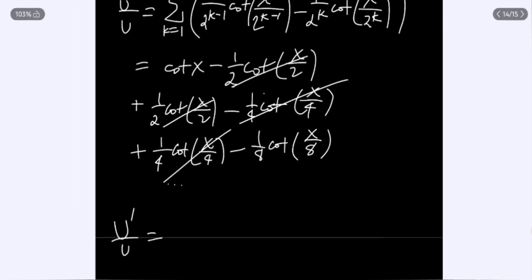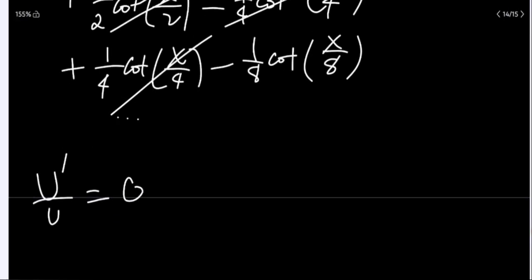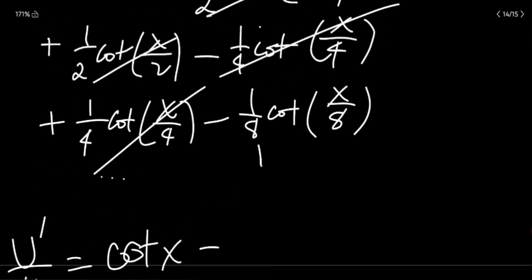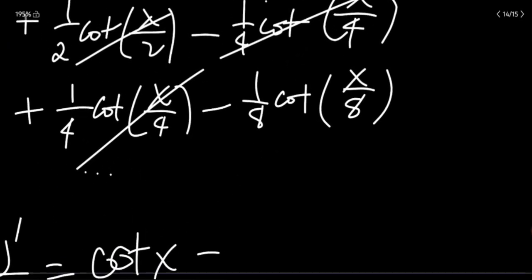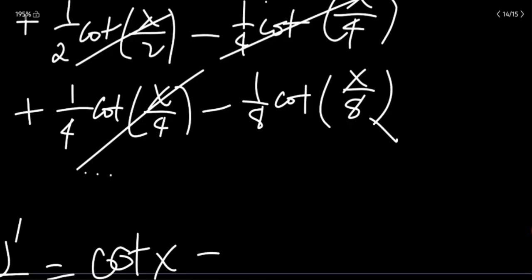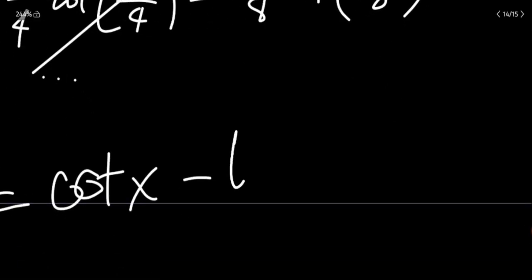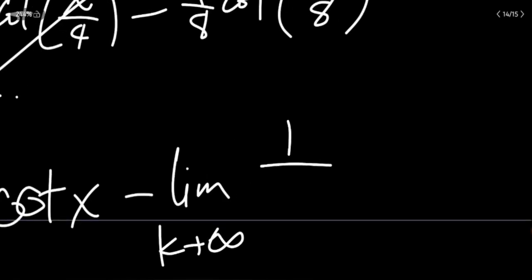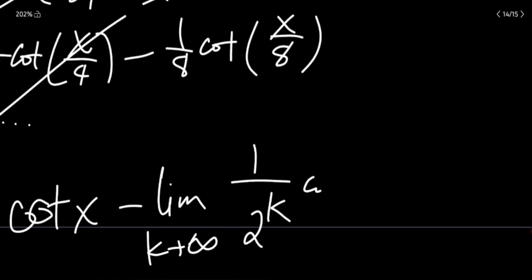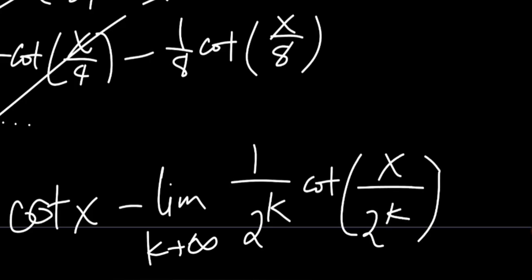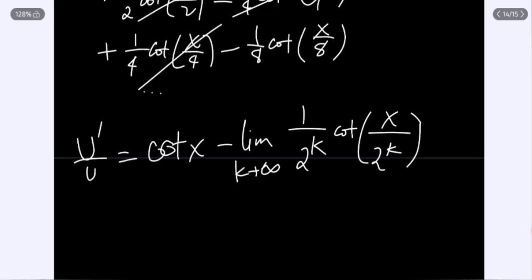We have the first term, cotangent x, minus, well, the remaining terms, but there is a limit as k goes to infinity of 1 over 2 raised to k times cotangent of x over 2 raised to k. Okay, so that's that.